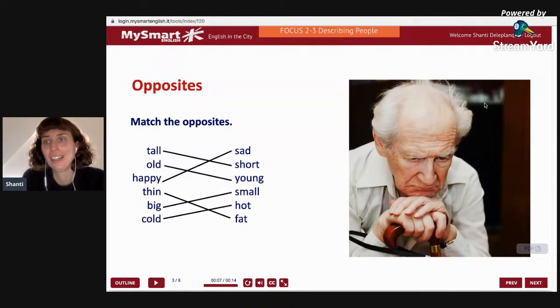Interesting. So this is a different example. So I think it's a man, no? We can say it's a man. He is what? Is he happy? What do you think? He's definitely old.